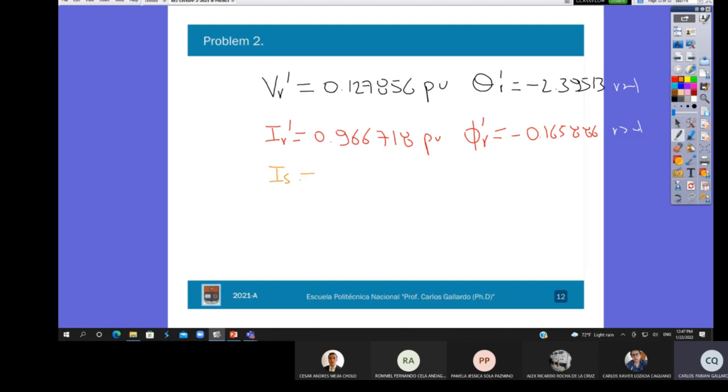The stator current in per unit value is 0.841052 per unit. What about the angle? The angle for the current is phi, so I will have 0.086984 radians. And the last variable is the slip.